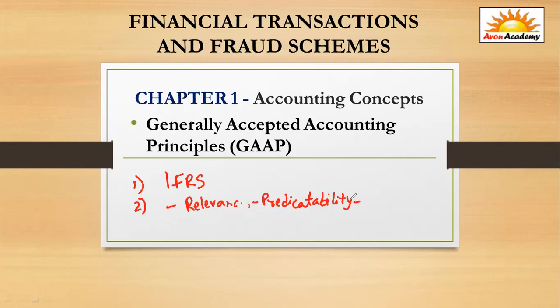Then confirmatory. When you talk about the relevance part, we are talking about predictability and being confirmatory. That means once you prepare the accounting statements on the basis of your GAAP principles, it is confirmed that it is very much relevant, and it is also predictable.